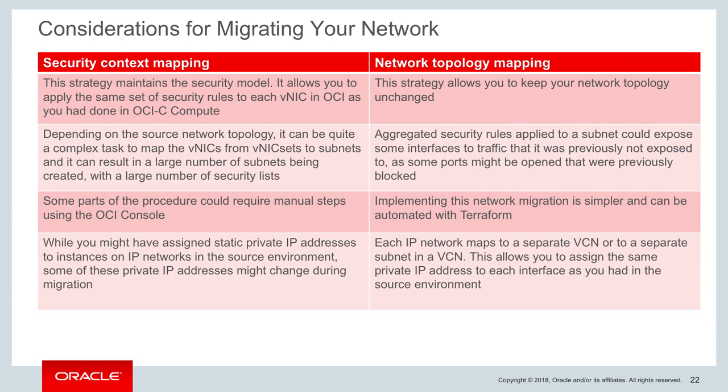And this could expose some interfaces to traffic that it was previously not exposed to, as some ports might be open that they were previously blocked. So these are the pros and cons of the security context and network topology mapping. Depending on what you need for your application, you may have to prioritize one over the other and also accept the cons of going with one of these approaches.